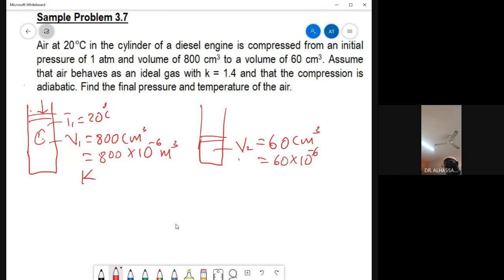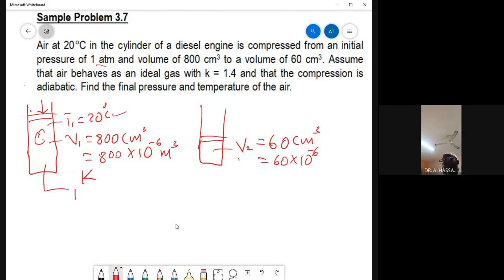Now be careful over here. We are told air at 20, the initial temperature of the air is this. And then the cylinder of the engine is compressed from an initial pressure of 1 atm.